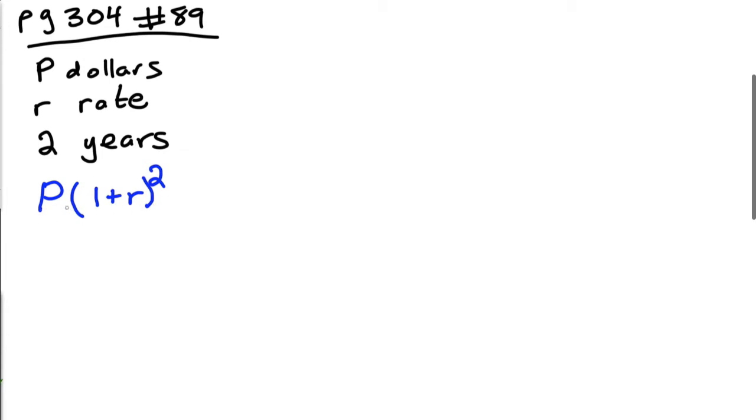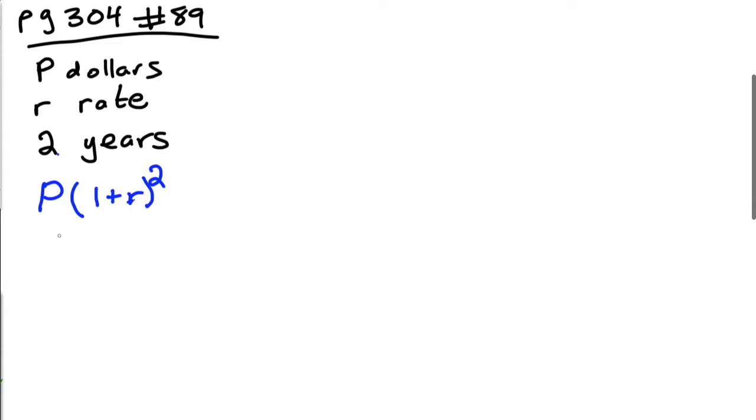So this is a formula that if we plug in P dollars and R interest rate, that'll give us the value of the investment after 2 years. And notice this 2 is shown right there. Okay, so the first part of the question asks if we can rewrite this without any parentheses.